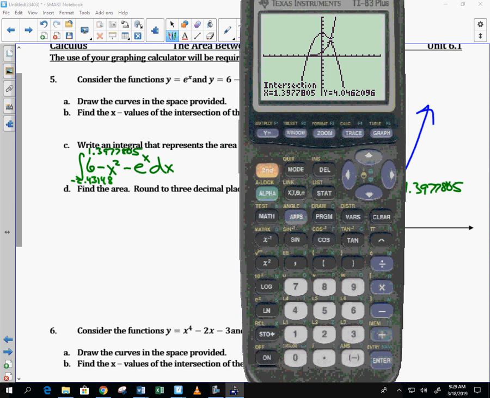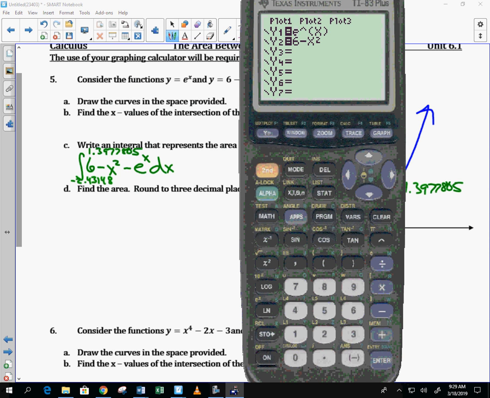How do I do this? Antiderivative. And we're going to use our calculator though. Yeah, good. So Chris is saying let's make a third function. We're going to take off y sub 1 and y sub 2. And for our third function, what are we going to type in? Is it y1 minus y2 or y2 minus y1?